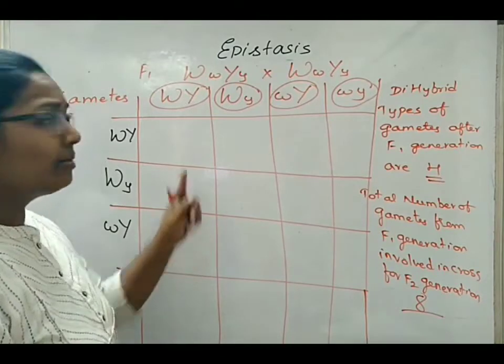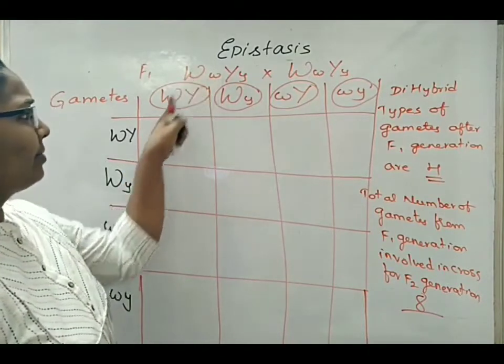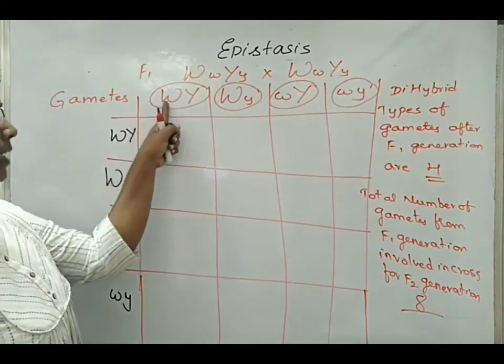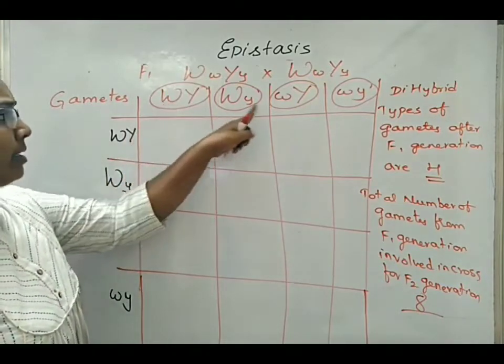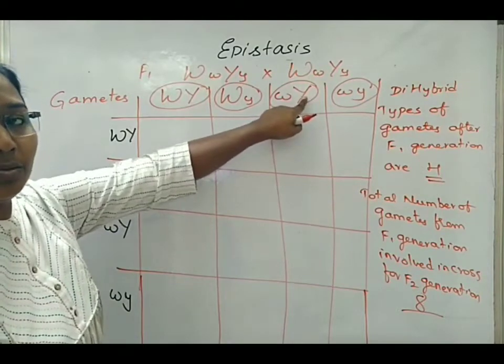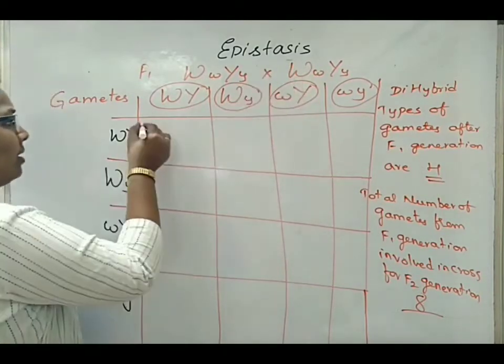We should observe here, in this pair or in the example that we have taken for dominant epistasis, only the dominant one will be expressed. The recessive one will not get expressed in the case of another dominant allele of another chromosome of the homologous one.